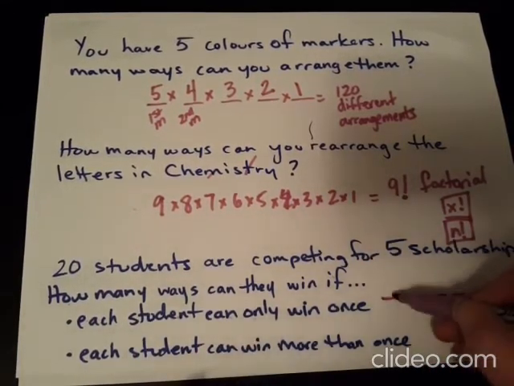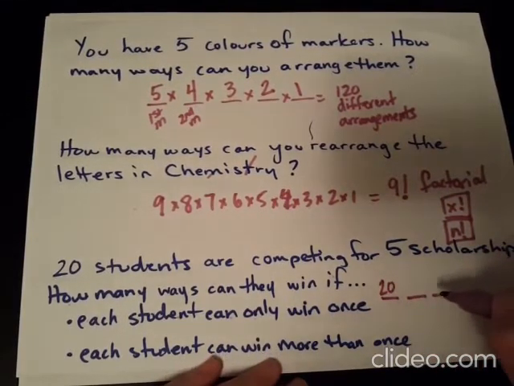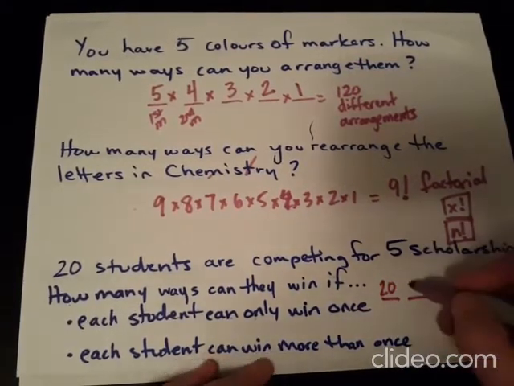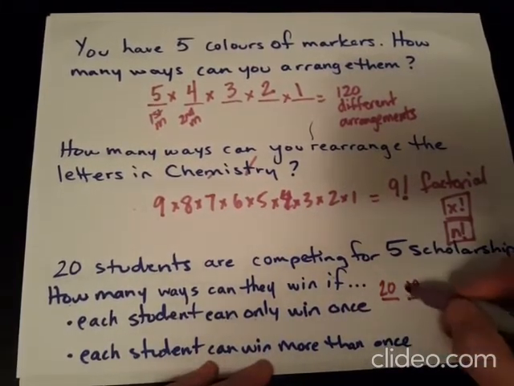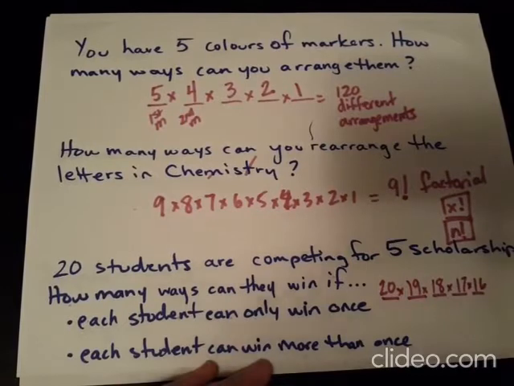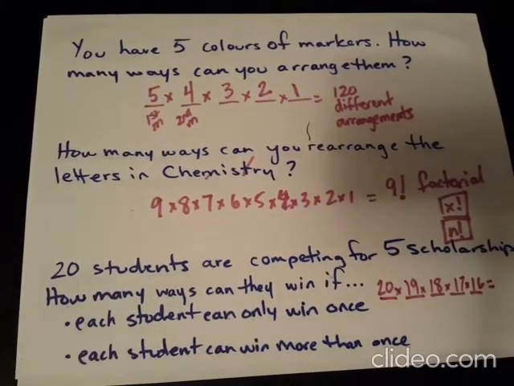How many students could possibly win the first? Well, all 20. And then after one student has already won, they can't win again, so there'll be 19 left for the second one. And all the way down. Now this number is absolutely enormous.